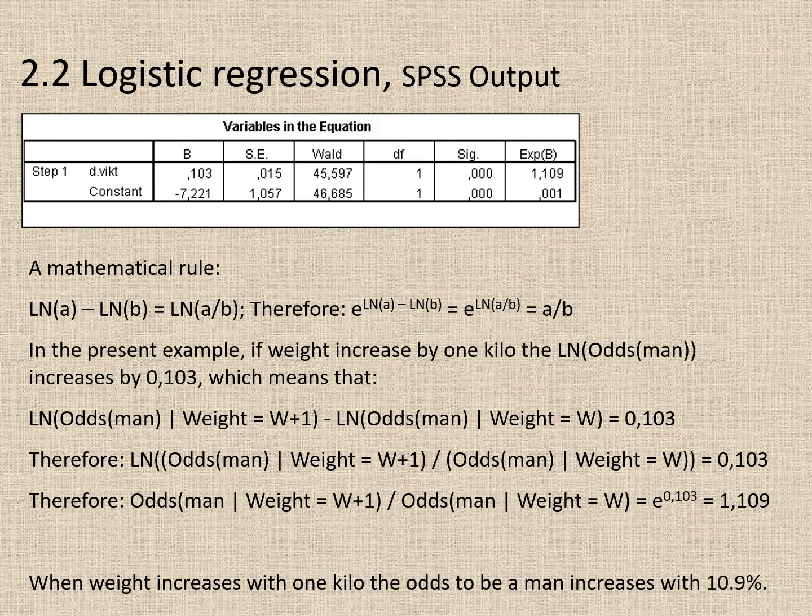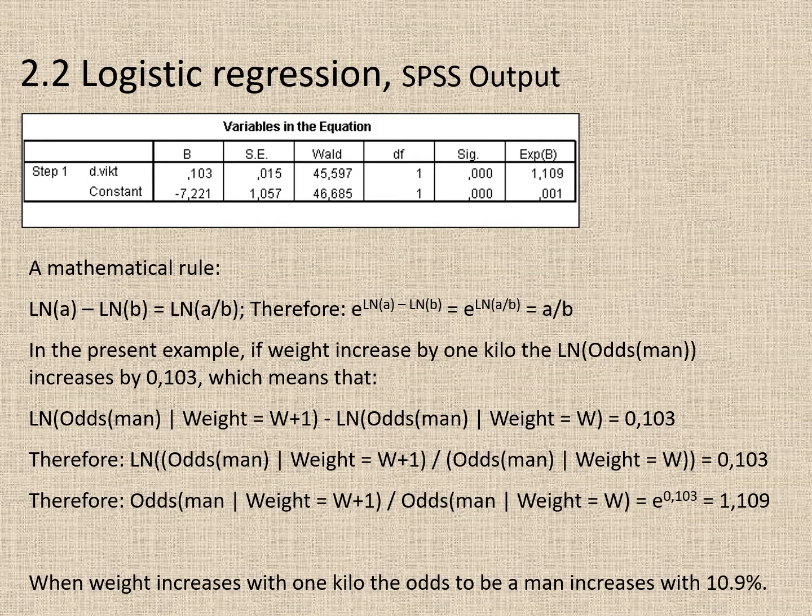So, if you take a person with weight plus 1 kilo, take his or her odds of being a man, the natural logarithm of that, and then minus the same thing for somebody who weighs 1 kilo less, then the difference between those two natural logarithms of odds, which is called the logit, is 0.103 according to this calculation.